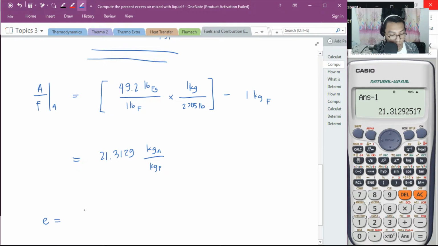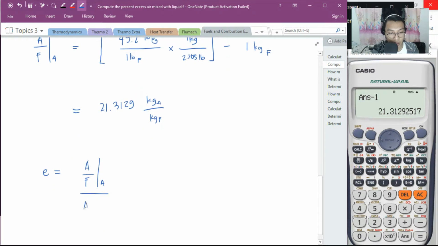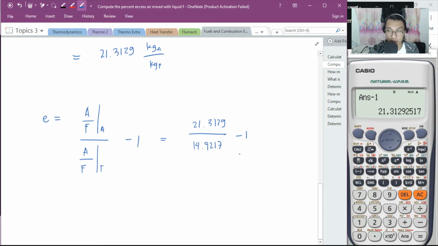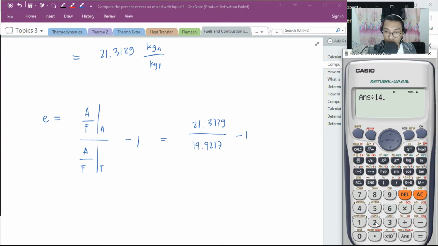E is equal to air fuel actual divide by air fuel theoretical minus 1, equal to 21.3129 divide by 14.9217, minus 1.